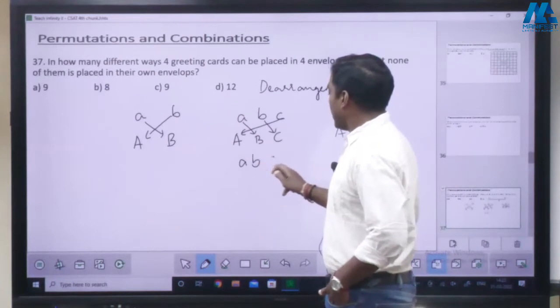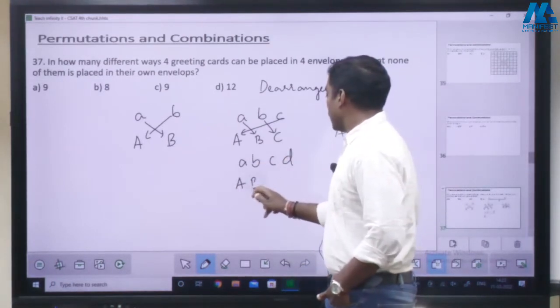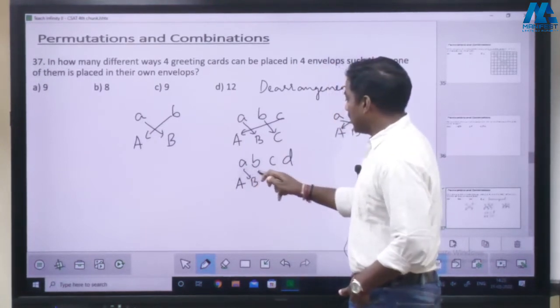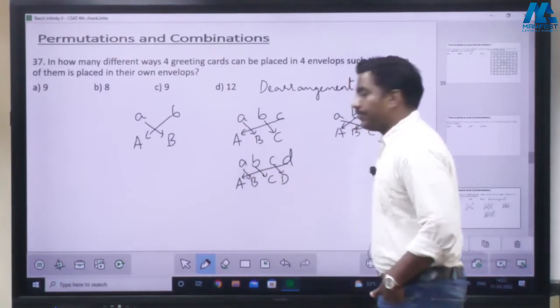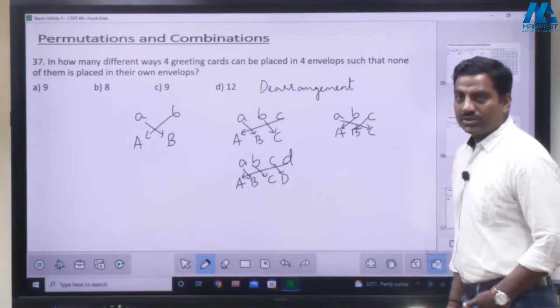Now tell me, 4. A, B, C, D. A, B, C and D. First one, A will go to B, B will go to C, C will go to D and D will go to A. Possible? Yes? No issues?